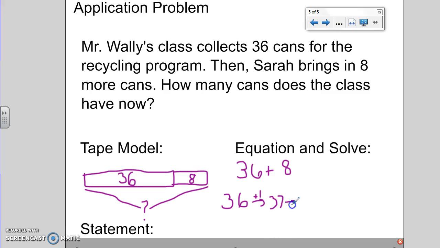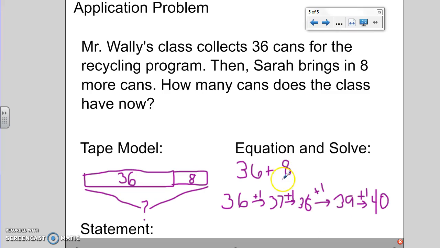Add 1 more is 38. Add another 1 is 39. Add another 1 is 40.